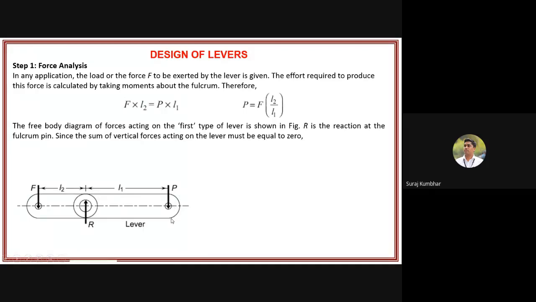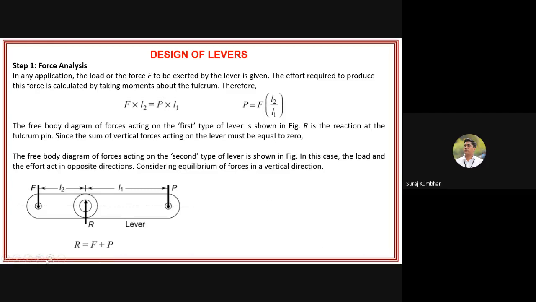So what will be the equation? R minus F minus P equals 0. Taking F and P to the right-hand side, you get R equals F plus P, because it is the summation of all the vertical forces, considering the sign convention for upward and downward directions. So here you can calculate R, the reaction at the fulcrum. At the center there is the fulcrum. This is the first order lever, so R equals F plus P.